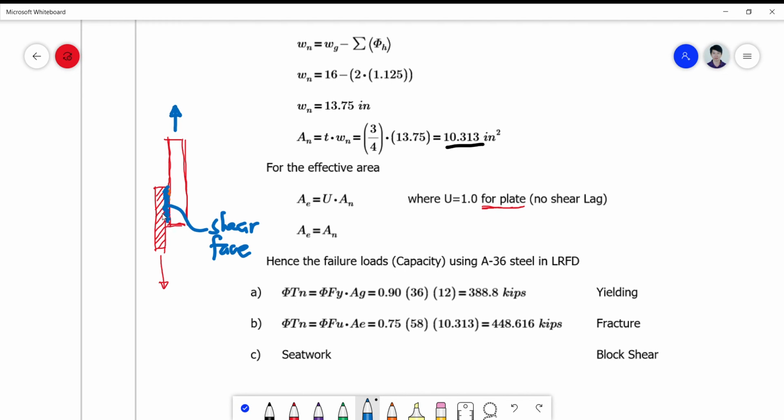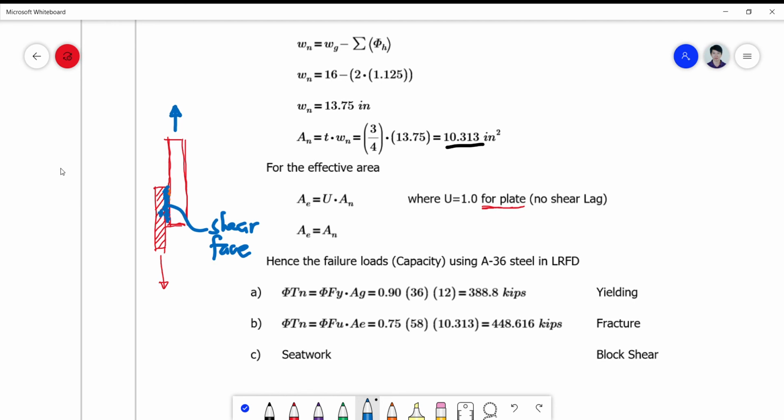Since this plate has a very near location in terms of the centroid, the shear lag effect is neglected. Okay, what's that shear lag effect? The shear lag effect simply is very high when the pulling force or the tension force is far from this interface, the connection interface or the shear face.